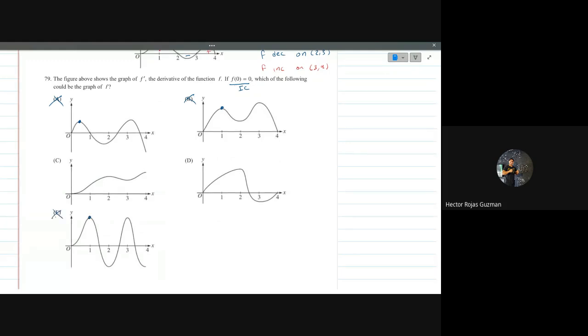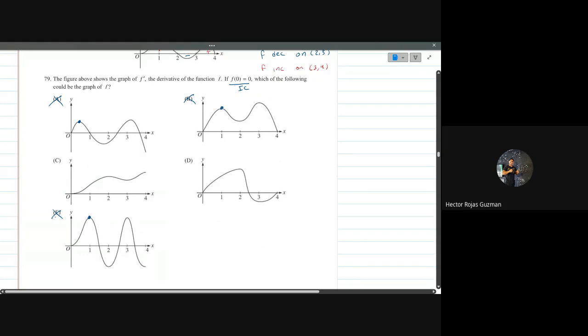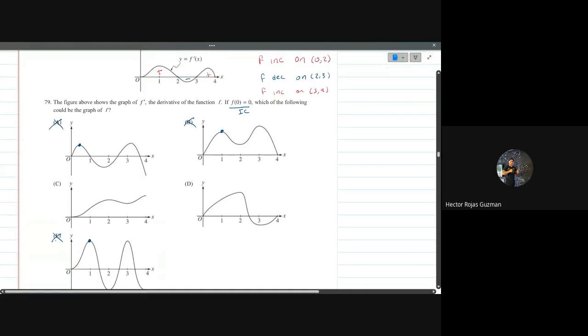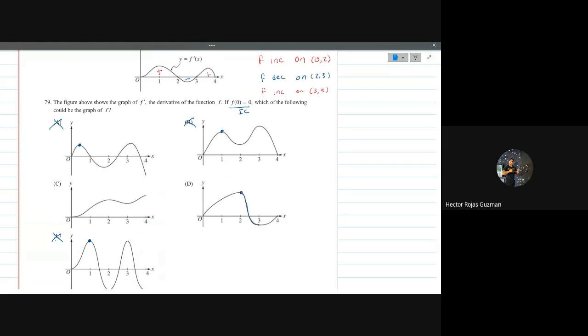So that leaves us with 2 choices. So let's take a look. f has to be decreasing from 2 to 3. So this one checks off that requirement. From 2 to 3, this one also checks it off. And last but not least, increasing from 3 to 4. They are both increasing from 3 to 4.